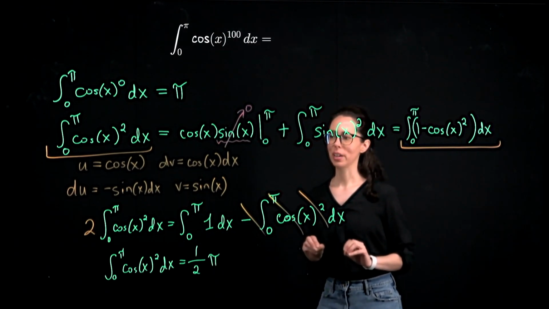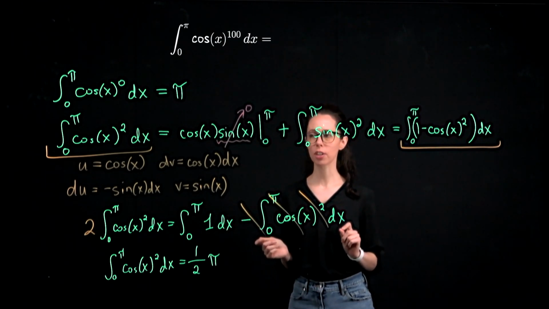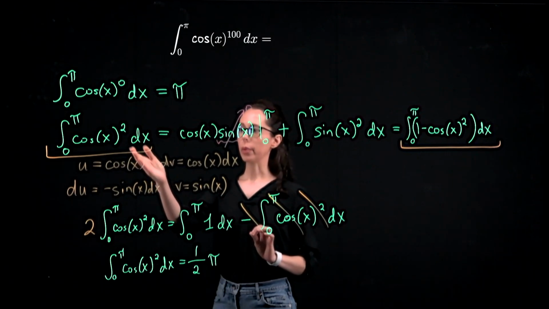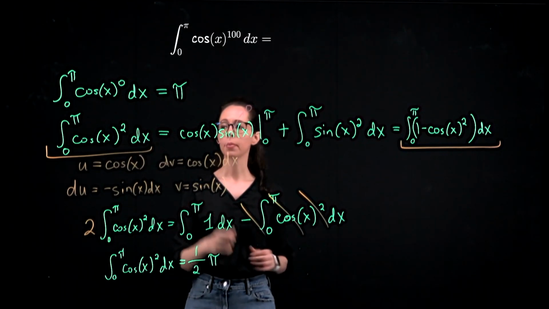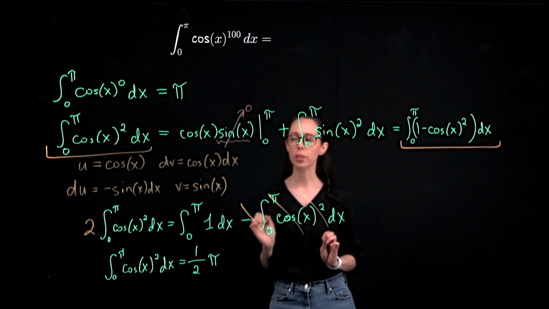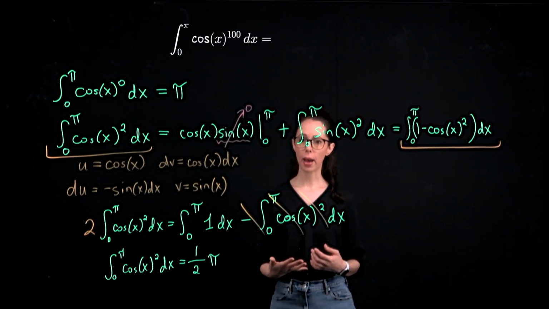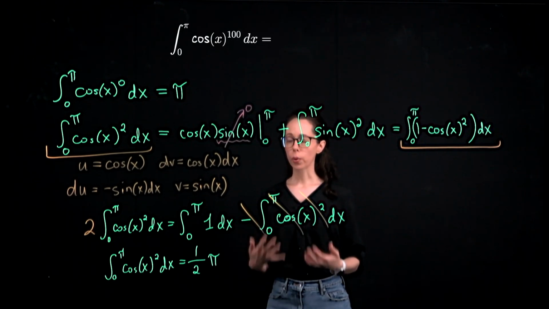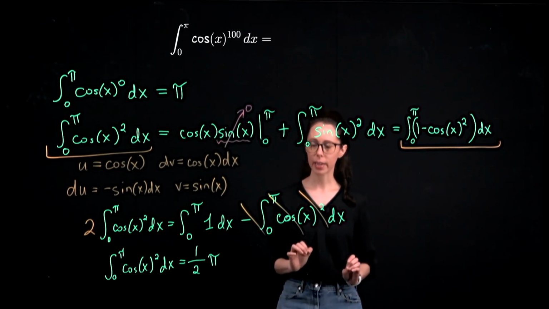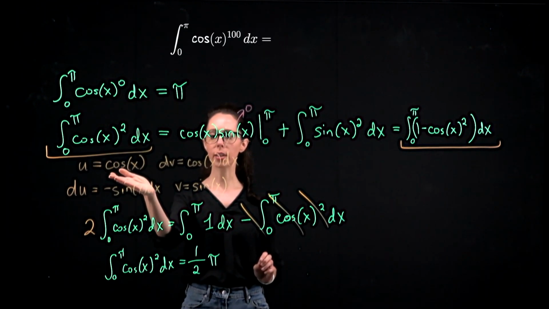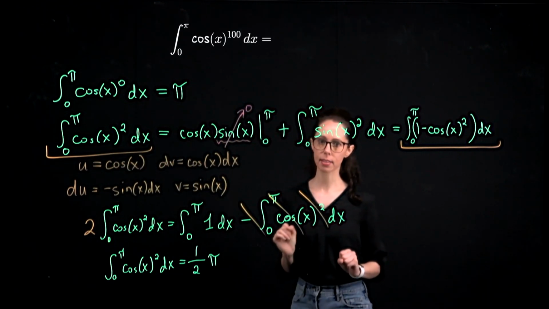I would like to turn you loose on the next computation. I'll give you a head start, though. The next power that we're interested in is the 4th power. So I would like for you to start trying to do the definite integral from 0 to pi of cosine of x raised to the 4th power. It's going to be integration by parts, and let me give you the breakdown. Treat cosine raised to the 4th power as cosine cubed times cosine x dx.